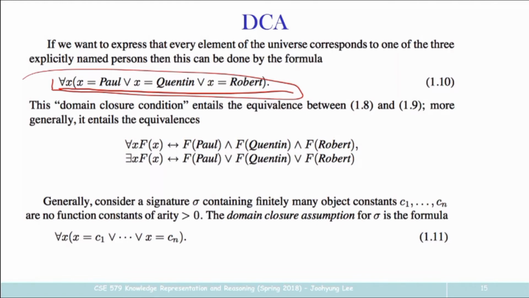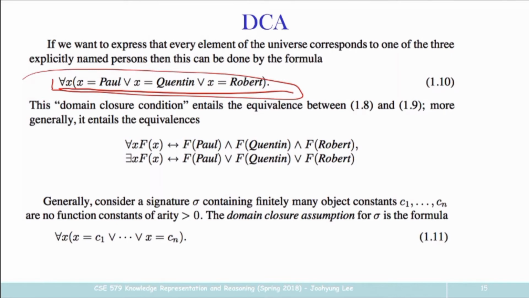The interpretation must have this number of individuals. 3 is one of the possibilities. 2 is also one of the possibilities. 1 is also possible. 0 is not possible. Why? Because, as I said before, these names P, Q and R may refer to the same individual.